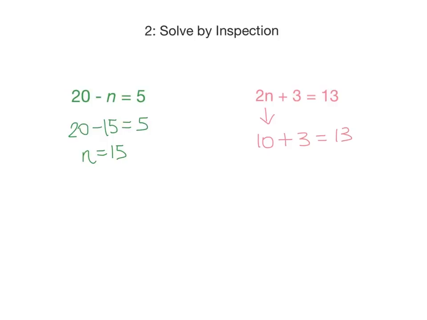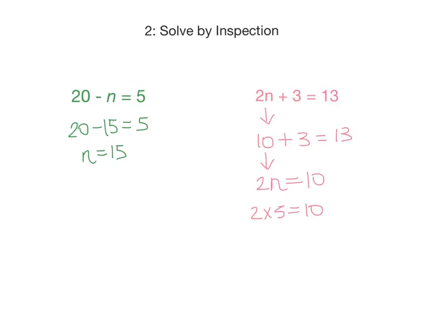So since I wrote 10 instead of the 2n, we know that 2n must be 10. Now we need to ask ourselves, 2 times what number gives us 10? Just by simple multiplication, we know that 2 times 5 gives us 10.